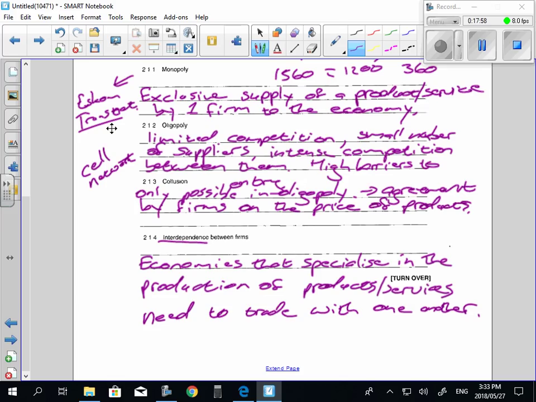If one economy produced all the products it needs, it wouldn't have to trade with another economy. It could be self-sufficient. That doesn't exist today. All economies need to trade with other economies because we specialize in a product. We don't produce everything. It's the same with firms. One firm doesn't produce every single product. One firm produces a limited range of products, which means that it would have to trade with other firms. It would have to buy raw materials from somewhere else. It doesn't produce its own raw materials. So they all depend on each other. Okay, interdependence.